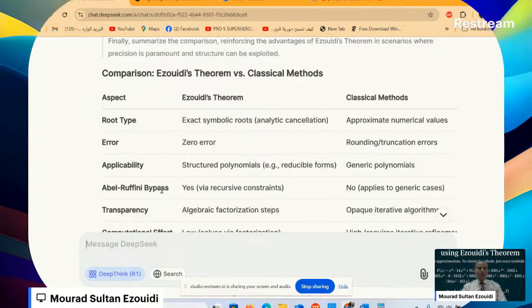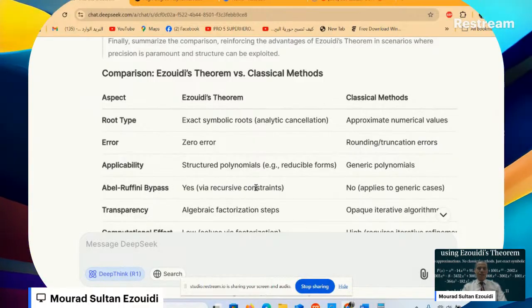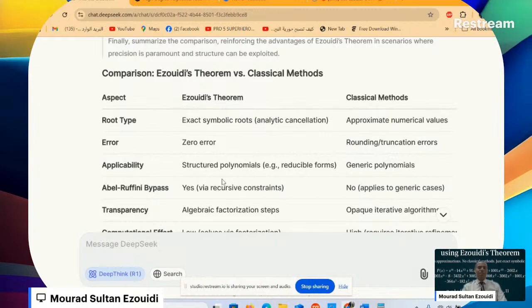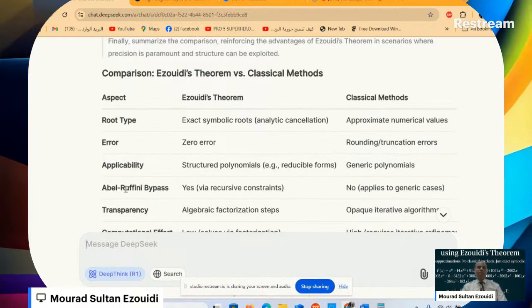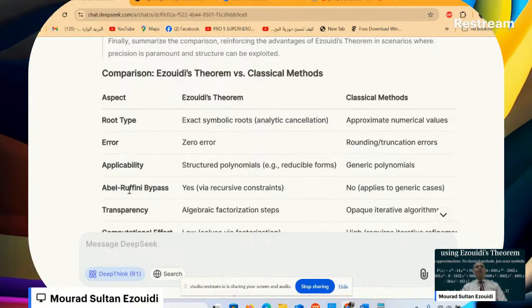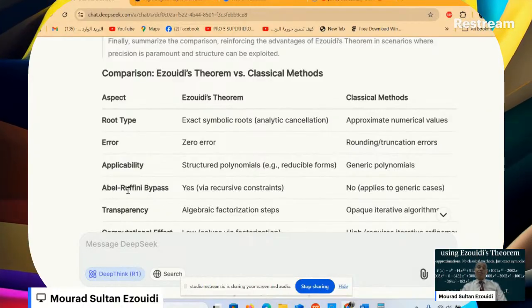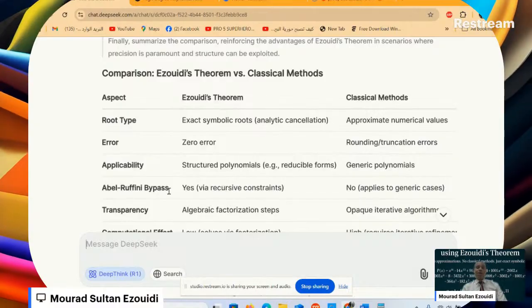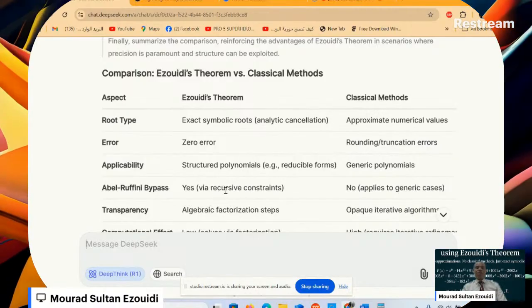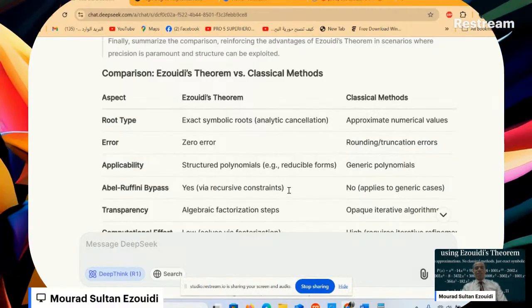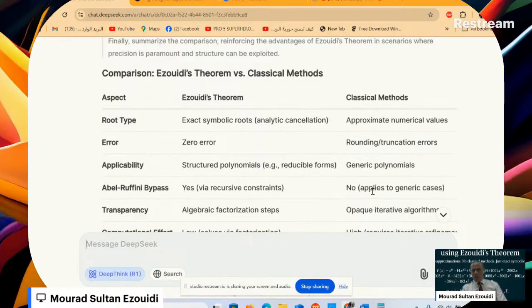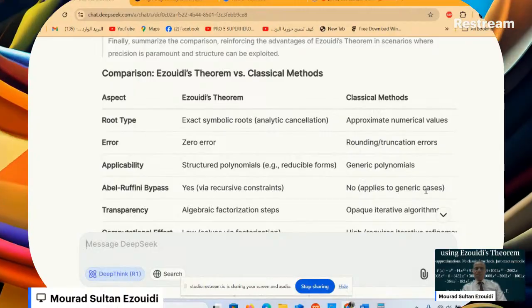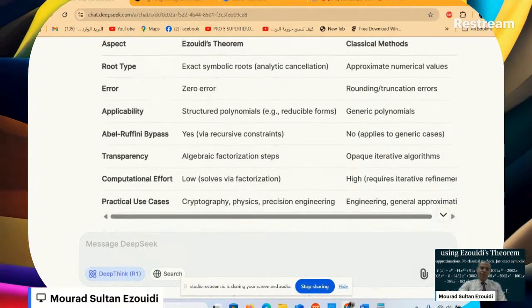Abel-Ruffini bypass: yes, via recursive constraints. This means that I really bypass Abel's assertion, Abel's theorem, via recursive constraints. For the classical method, no, it applies to generic cases.